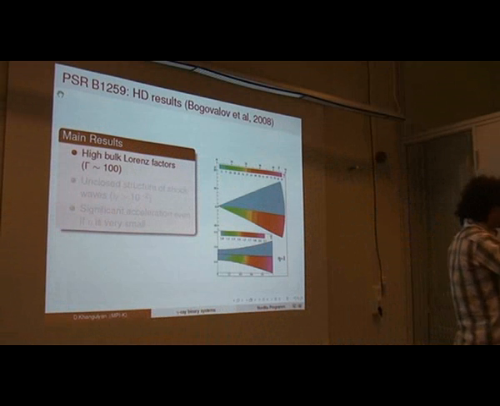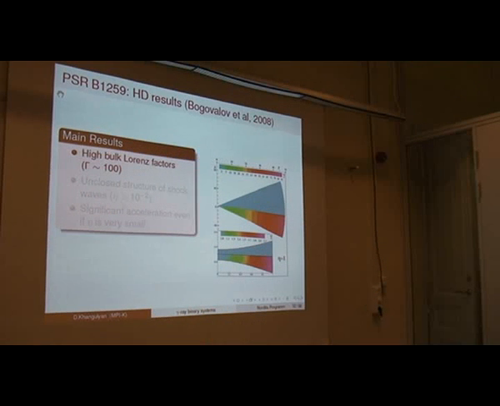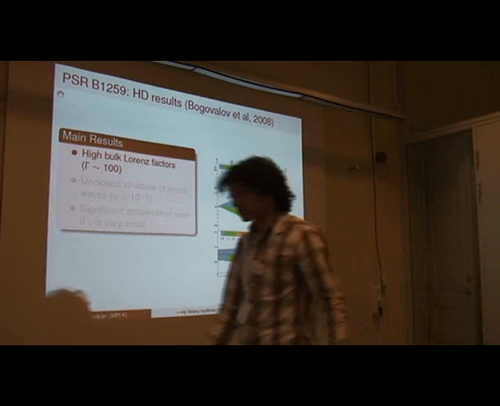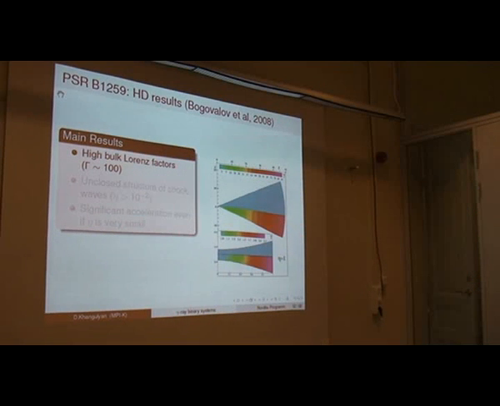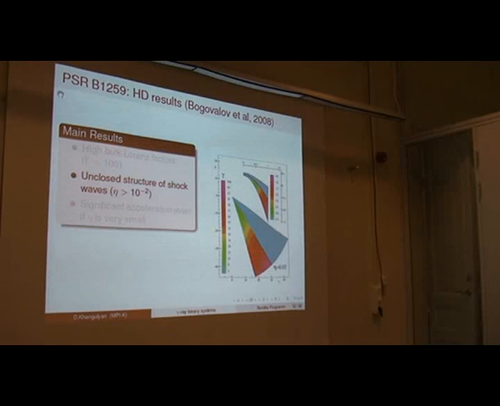After the collision, the terminated pulsar wind propagates in a very limited solid angle, and because of that, the pulsar wind may be accelerated up to a very significant bulk Lorentz factor. Formally one can get up to 100. Another result was that it's quite complicated to get the closed structure of the pulsar wind.